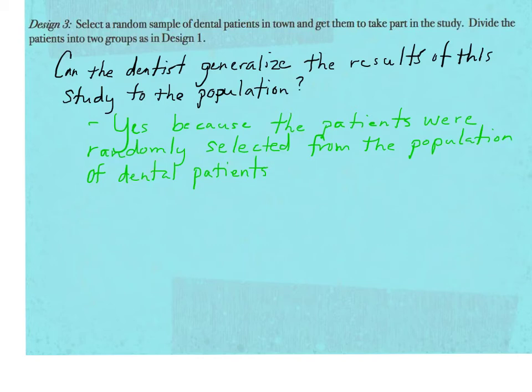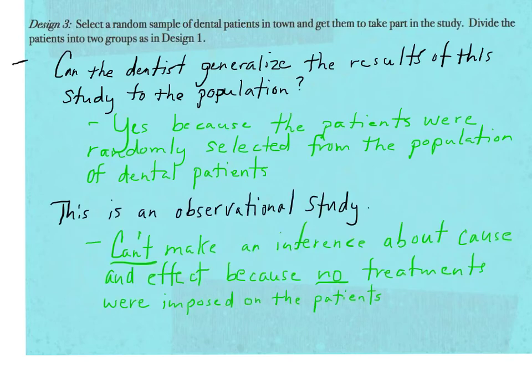Now, like in Design 1, this is an observational study. So what does that mean? You cannot make an inference about cause and effect when it's an observational study, due to the fact that no treatments were imposed on the individuals. Well, what can she say about this particular study?